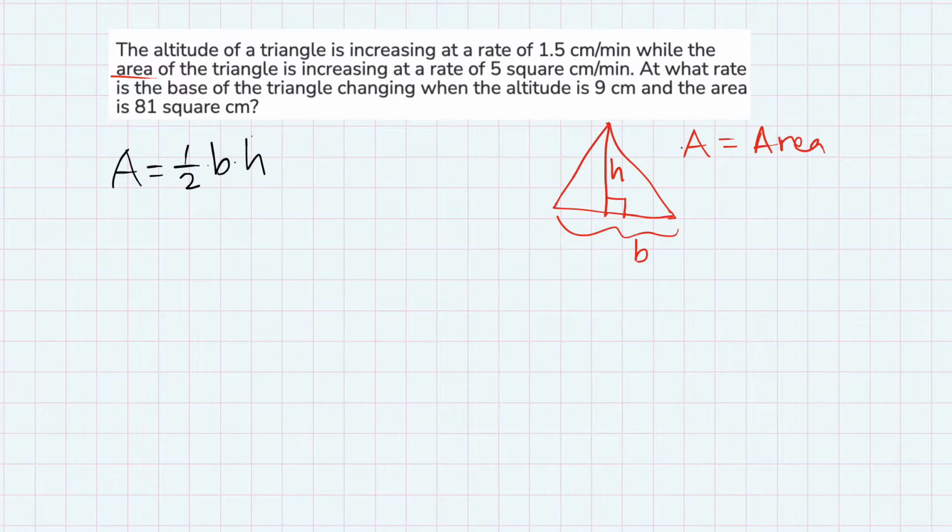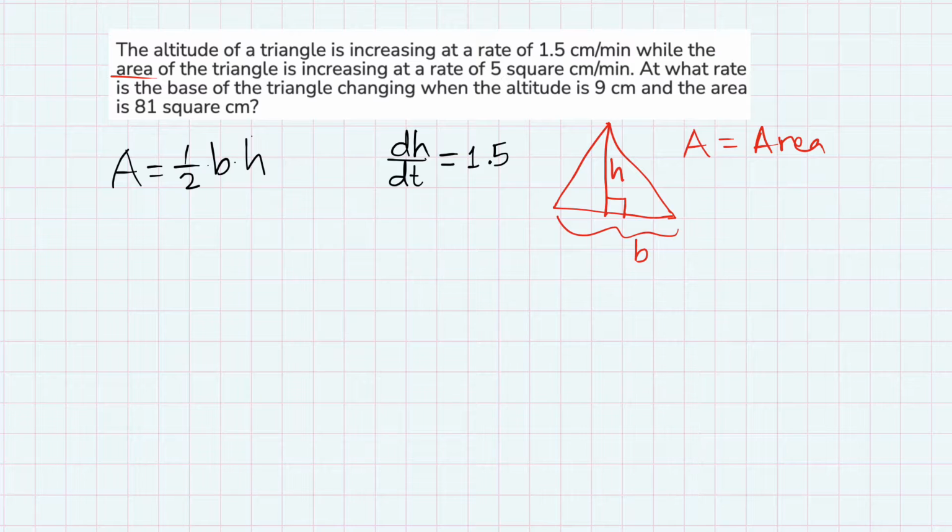In this question, when we read, there are three variables because the altitude h is changing at the rate of 1.5 centimeter per minute. So rate of change means derivative with respect to time. So d over dt, rate of change of h, altitude or height, is given 1.5. We don't have to worry about units now.